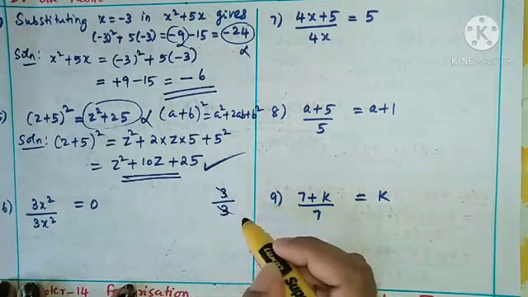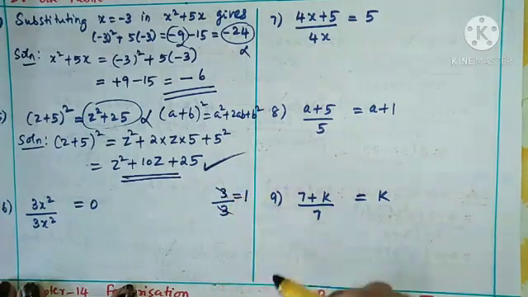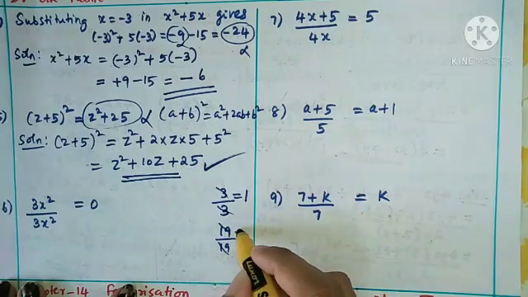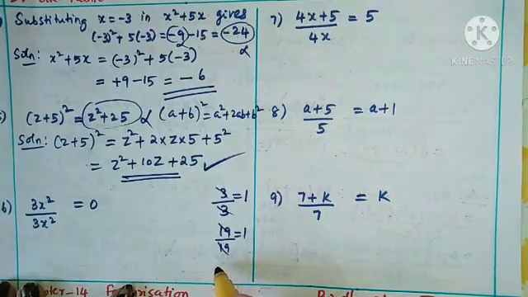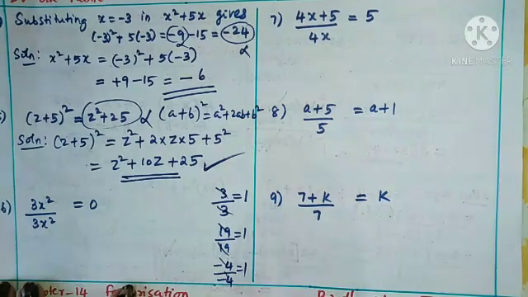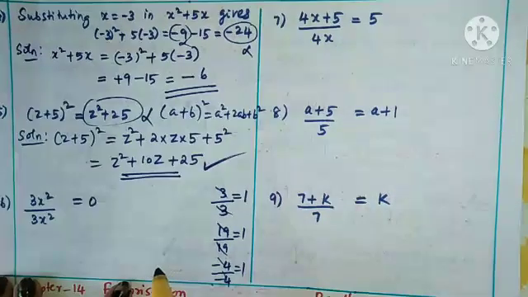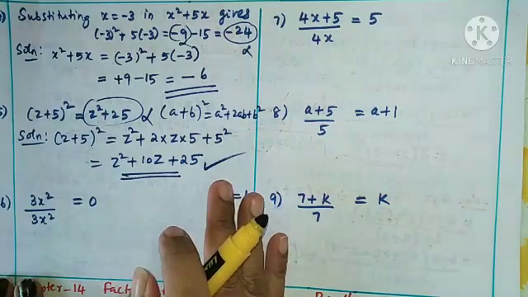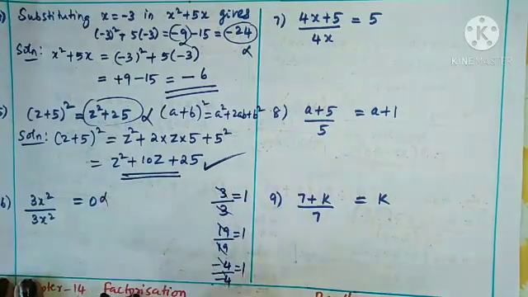When you cancel, we will not put 0, it is equal to 1. 19 by 19, same number, it is equal to 1. Okay, −4 by −4, same number, when you cancel, it is equal to 1. So a number divided by the same number is always equal to 1 and not 0. Okay, so this 0 is actually wrong.